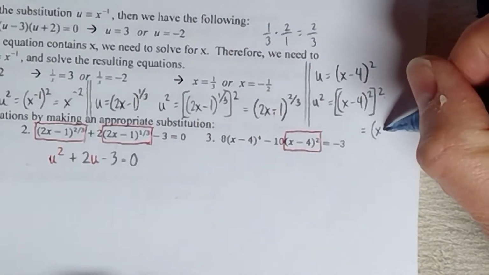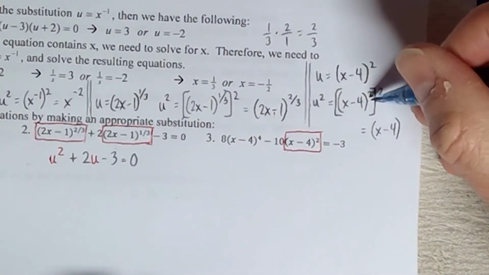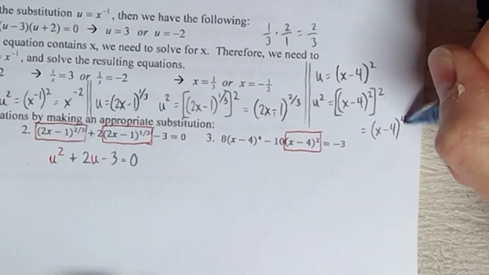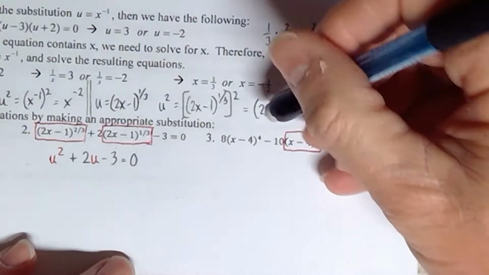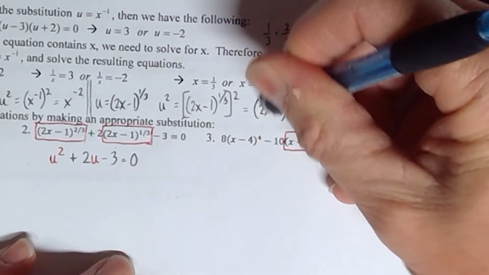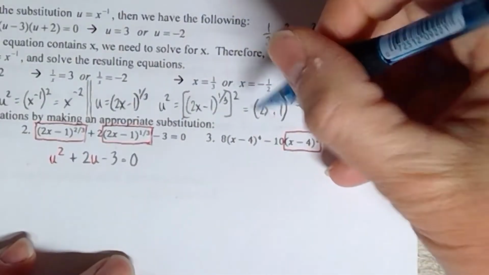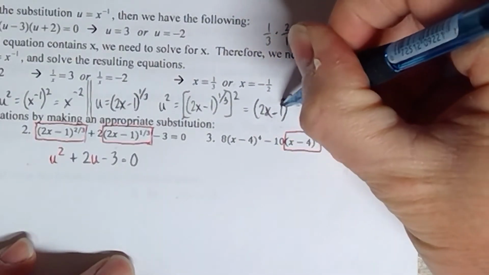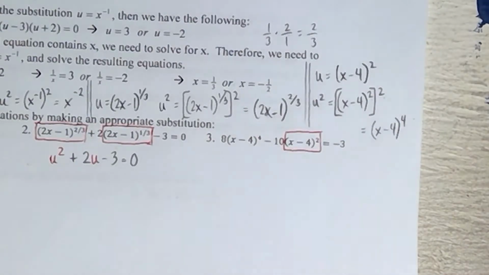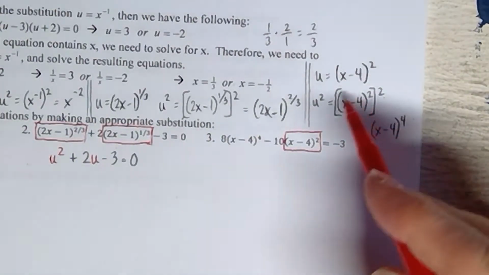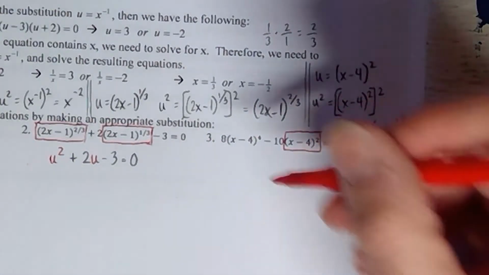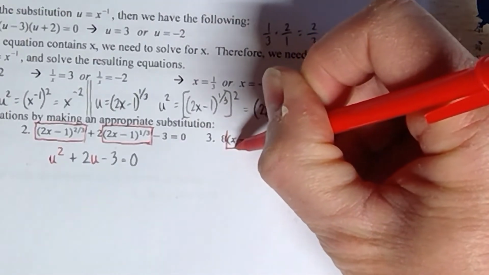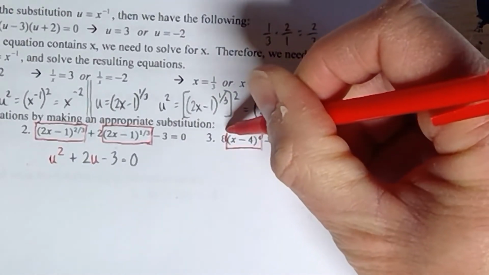Okay, and then the 2 and the 2 get multiplied together to equal 4. And so there we go. Not a coincidence, you guys, that u squared then is equal to this, the x minus 4 to the 4th power, that's right here.